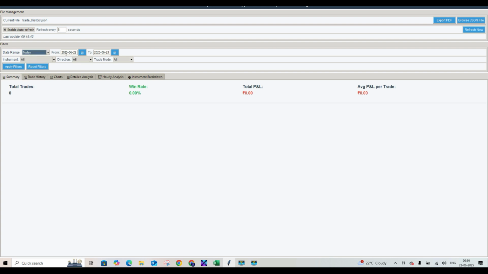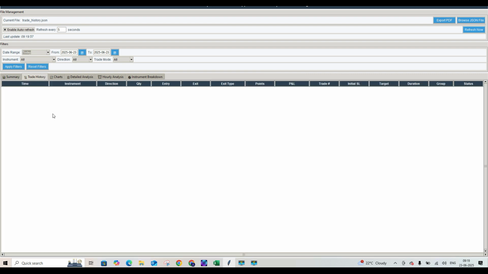After setting today, you will automatically get today's date, and apply the filter. You have to apply the filter here, and you can see this is a summary chart. This is the trade history where you can see all the trading instruments with direction, quantity, entry, exit type, points, profit and loss, and status. Status shows which stock is in entry and which stock is completed. Like this you can see.